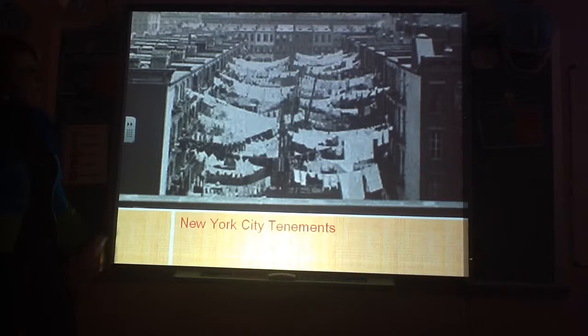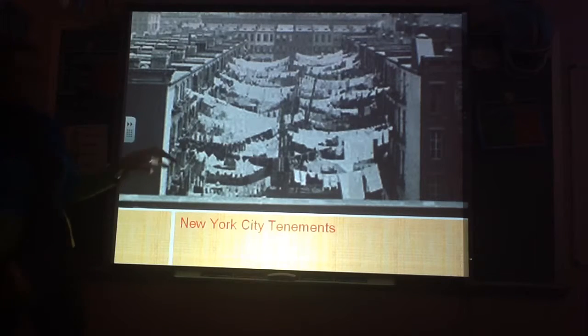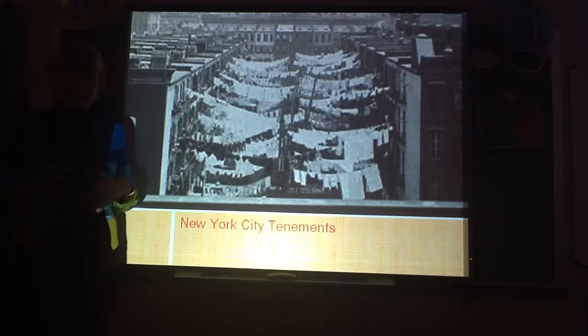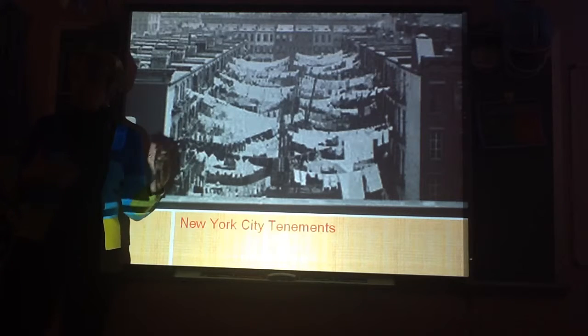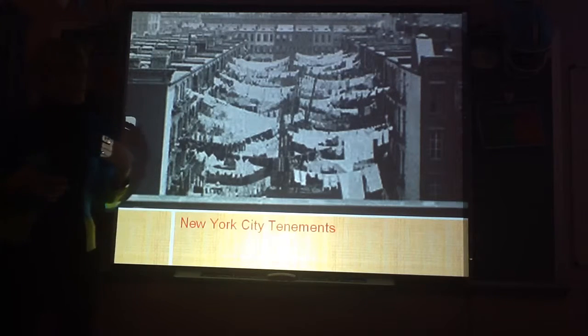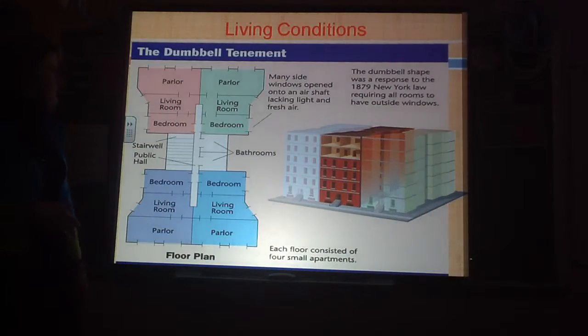Here is another one of the tenements, how packed they are in there. And there were no dryers back then. They didn't exist. And so the only way you could dry your clothes is you hung them out to dry. So this was typical. This is a picture from the New York tenements.